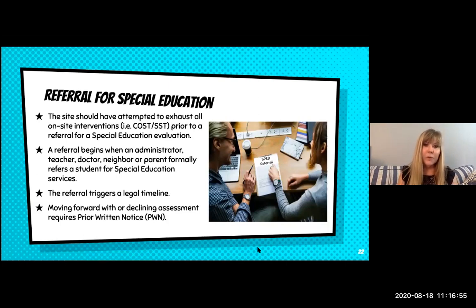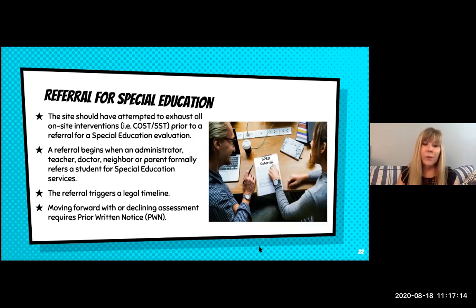So the referral for special education, as I mentioned before, could come from a number of sources. Ideally, the general ed setting would have, quote, exhausted all on-site interventions that are available prior to a referral.